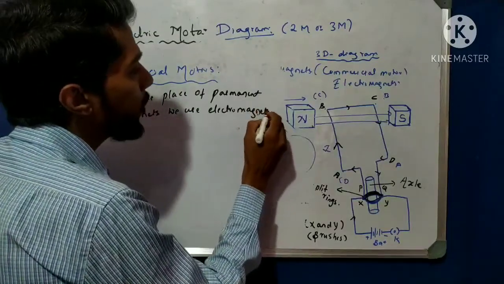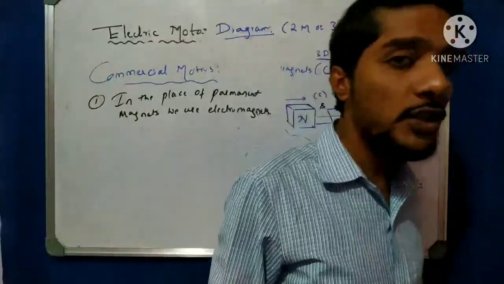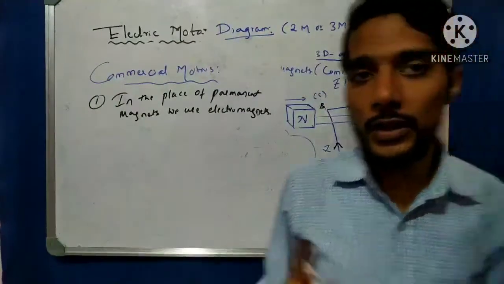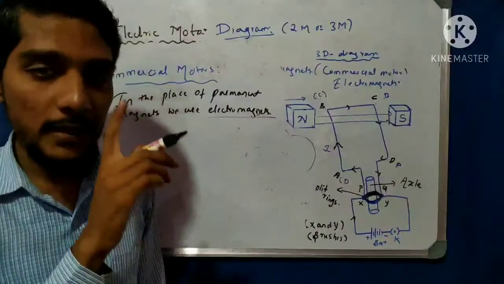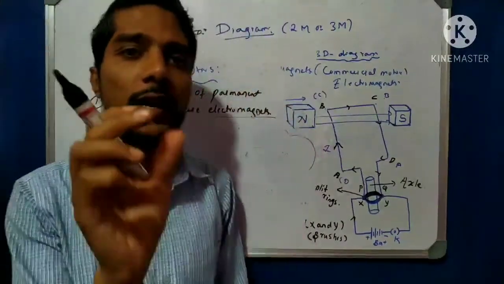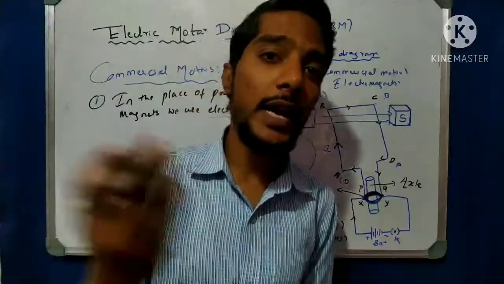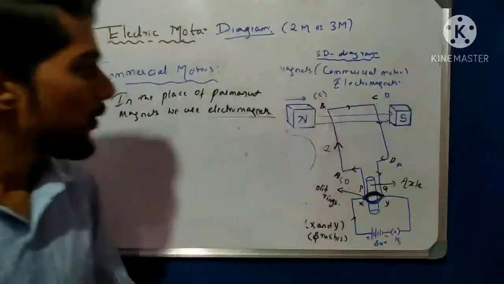That is the first point. So in commercial motors we use magnets that are not permanent, that is called electromagnets. What is an electromagnet? A soft iron core which gets magnetized when current is passed.